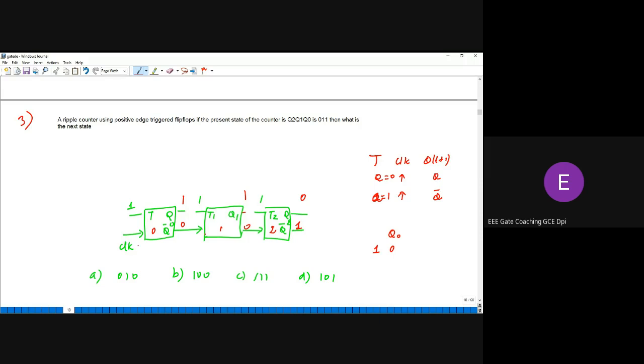If it is not so, then it is called asynchronous clock. Okay. So here 0 is going to the T1 flip flop, so it will remain in the same state. Then for Q1, and for Q2, this is 0 and this is 1, so Q2 remains in the same state. Okay.